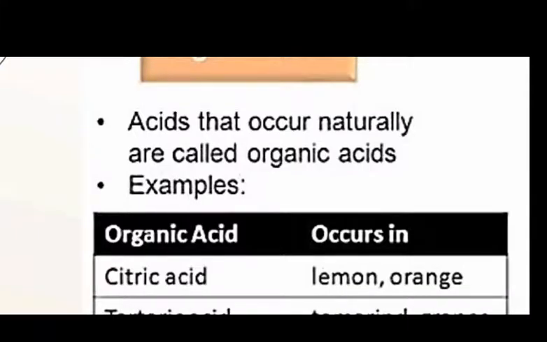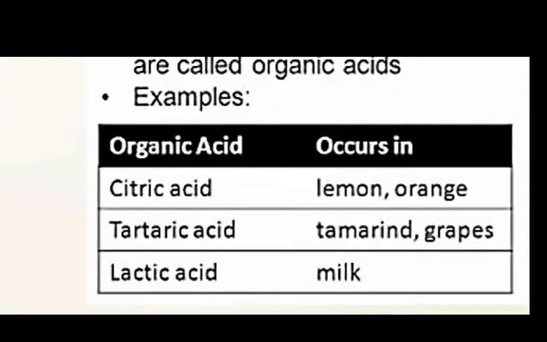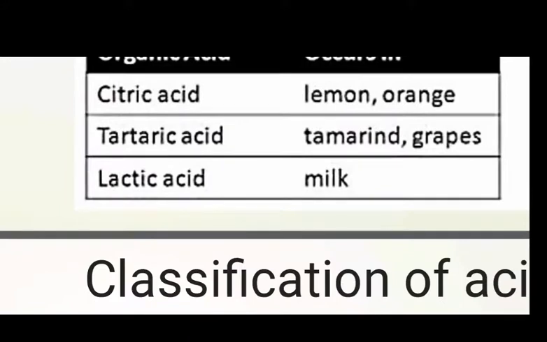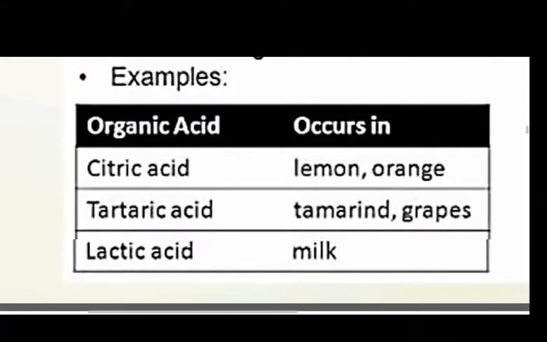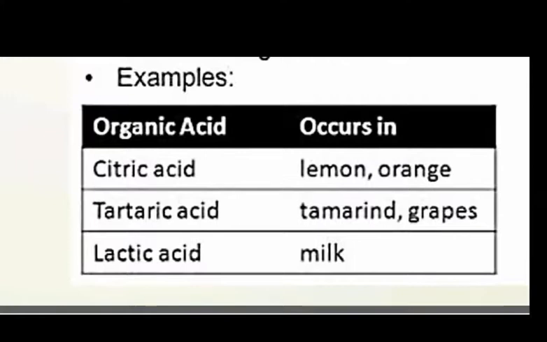It is known as organic acid, just like citric acid, which we get from lemon and orange. Then tartaric acid, we get it from tamarind and grapes, and lactic acid, we get it from milk. So when we get the acids from organisms, nature, we say them as organic acids.